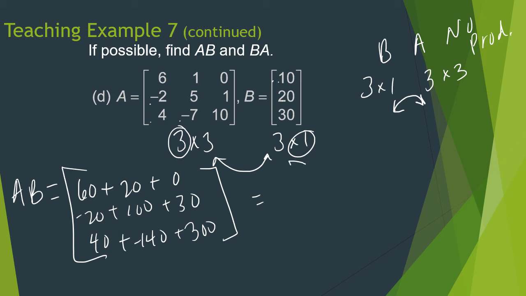So my product is 80, and then 110, and then we have 200. And that would be my product. Do I have a 3 by 1? I have a 3 by 1.